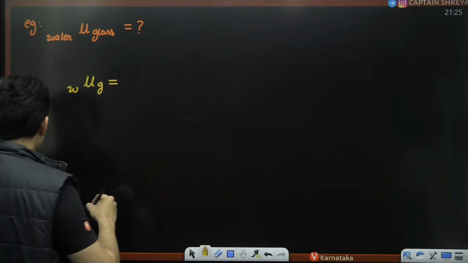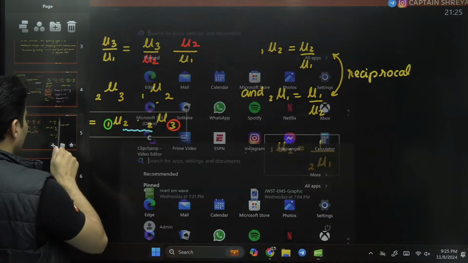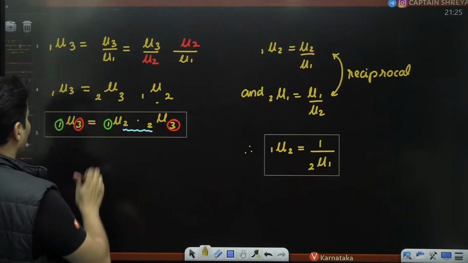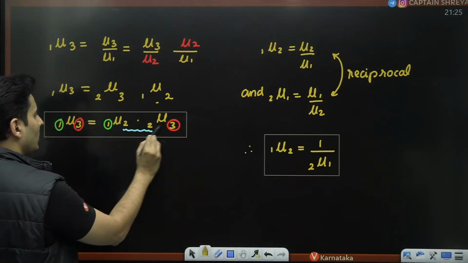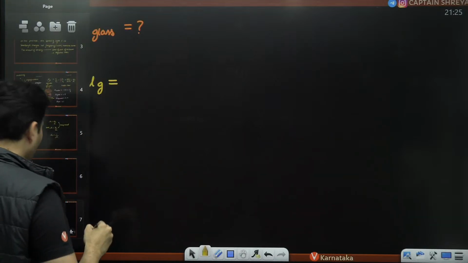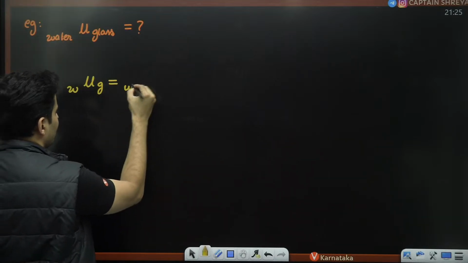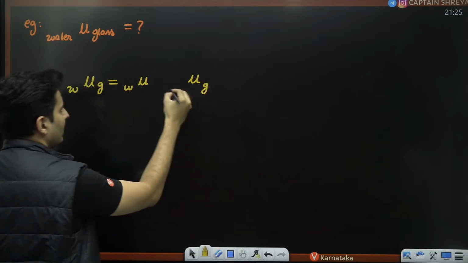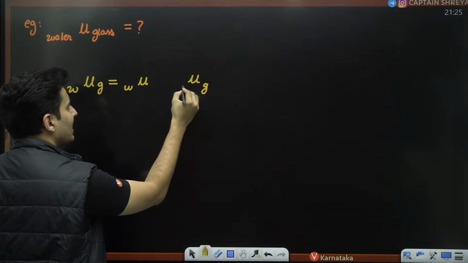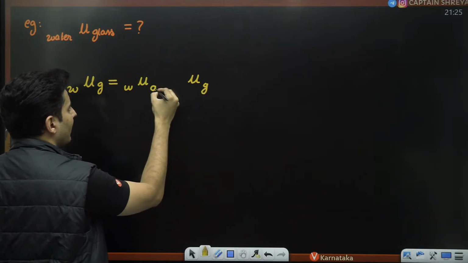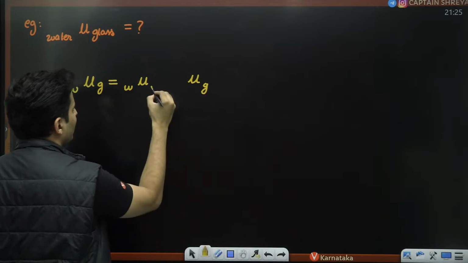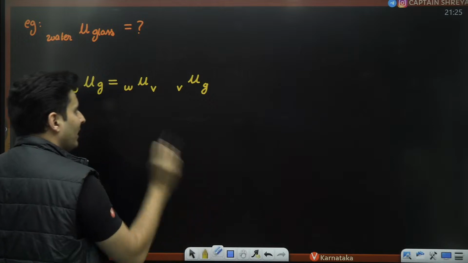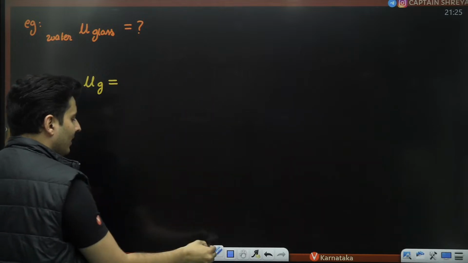So how about using this formula, 1μ3 is 1μ2 times 2μ3? Observe: the first alphabet becomes the first alphabet, the last alphabet becomes the last alphabet, and whatever is in between should be the same. Maybe I will take it as air, or maybe as vacuum. I can do that. That is one option.